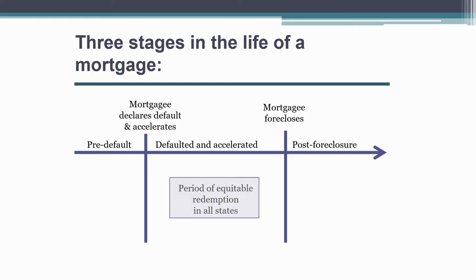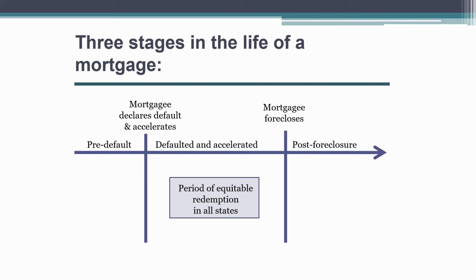After that, there is a period of equitable redemption. All states recognize this. The loan is defaulted and accelerated, so in general, the borrower has to pay off the full amount in order to redeem their property and keep it from being foreclosed. But if they can come up with the money, they can stop a foreclosure by making that big payment.